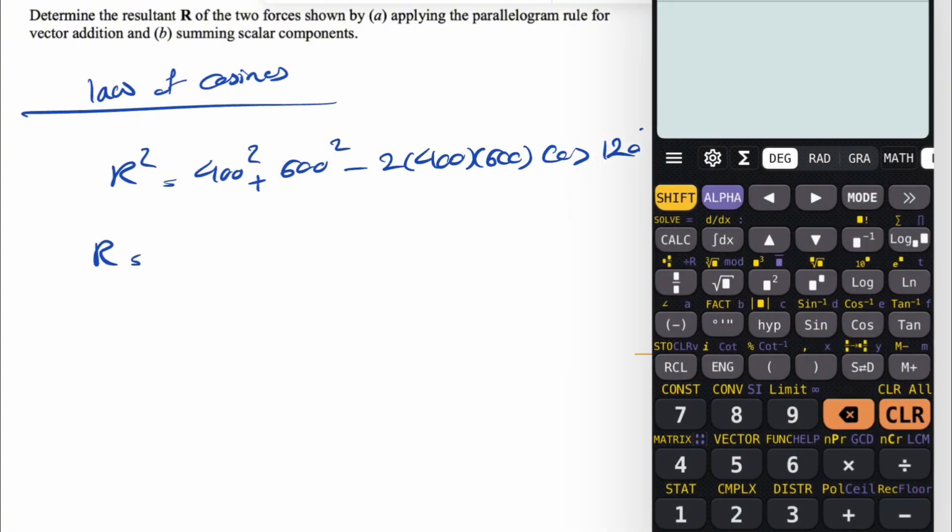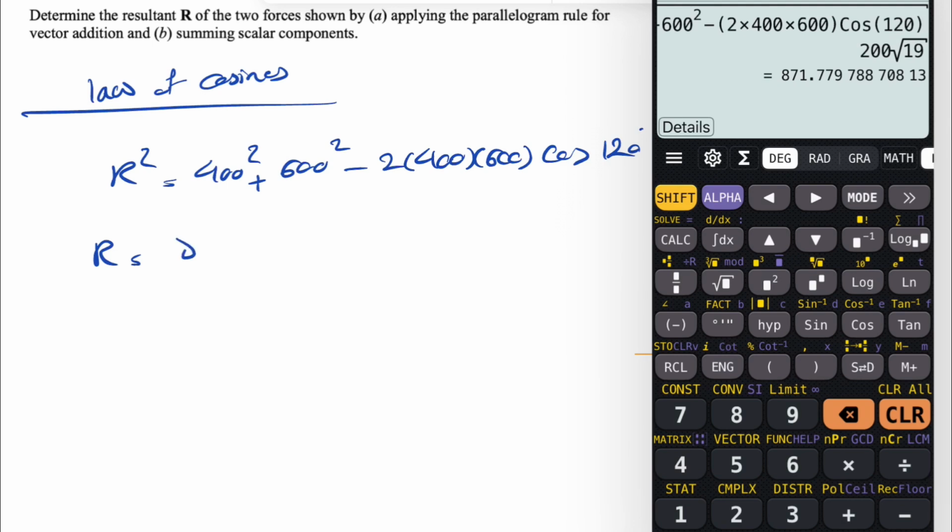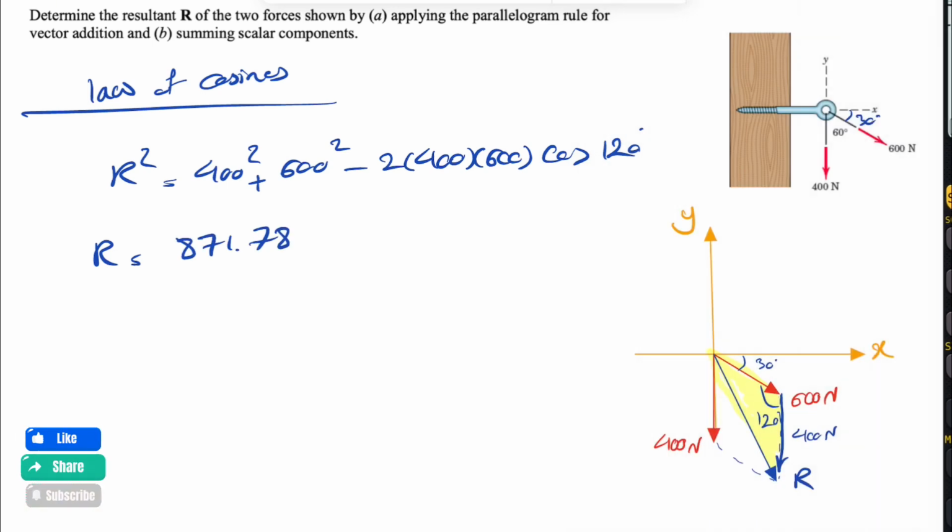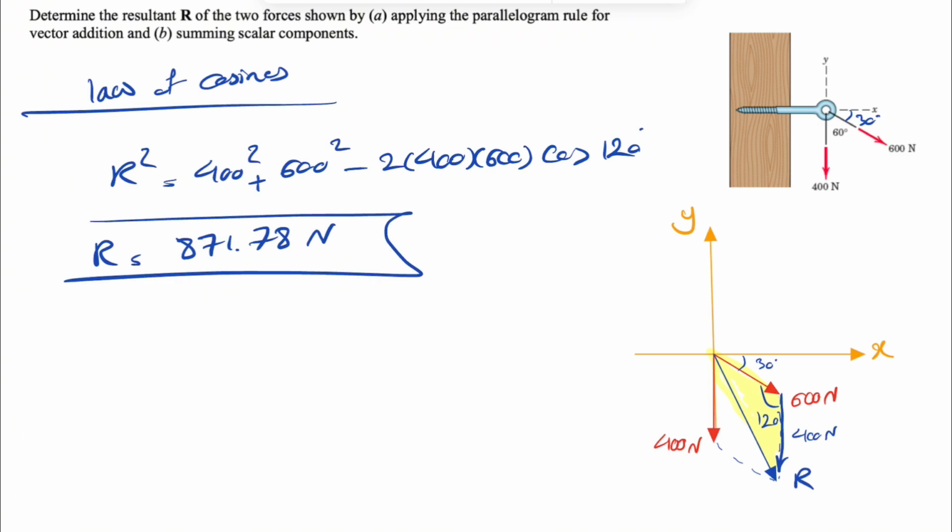So let's calculate that. Square root of 400 squared plus 600 squared minus 2 times 400 times 600 times cosine of 120, and that's going to give us 871.78 newtons.